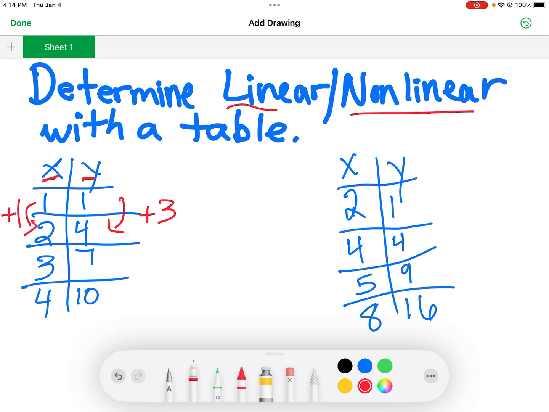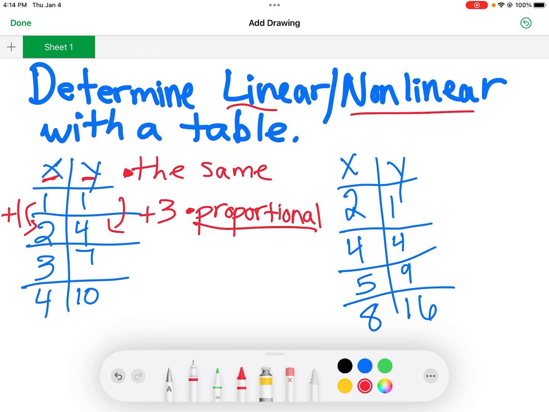So what we need is we need this change to either stay the same or we need it to be proportional. So even if we have a little bit of a change here, and I'll show you this proportional part in a minute, even if we have that little change, as long as it simplifies and the slope is the same, we'll be good. So I'll go back to this table.